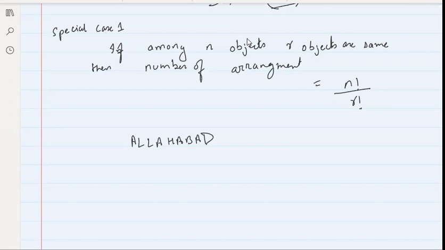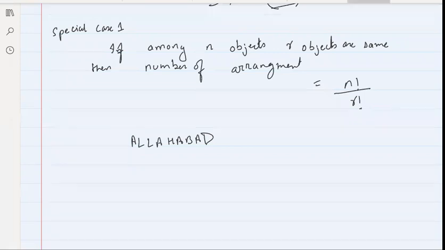Write in terms of factorial only. Tell me. Yes, very good.